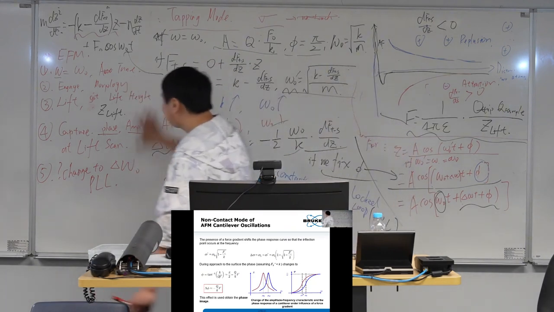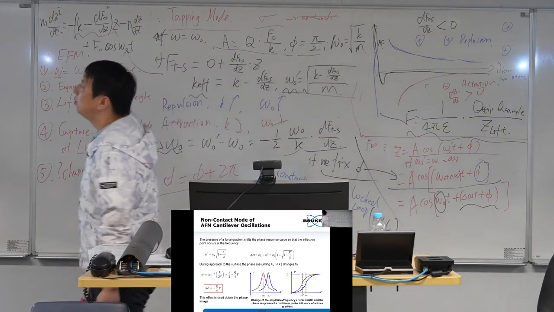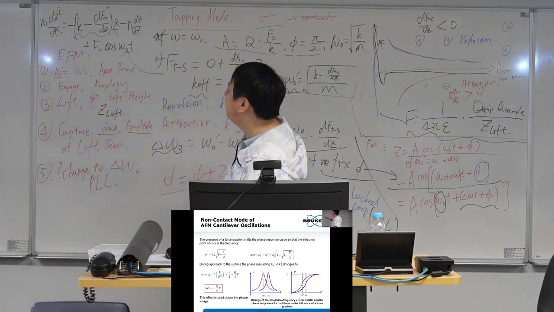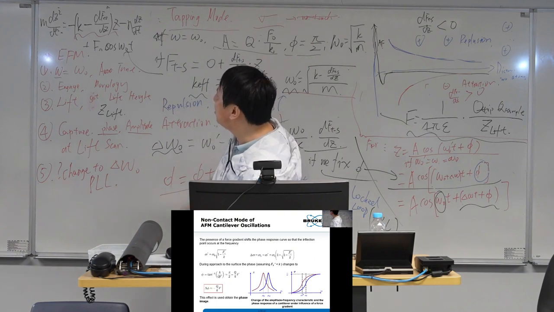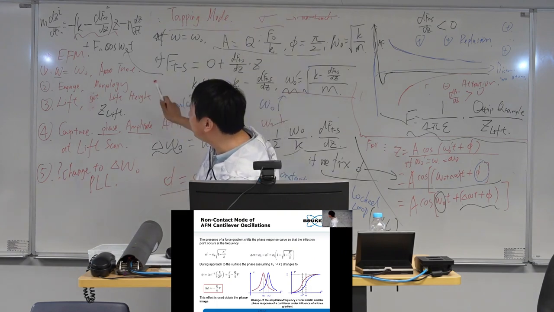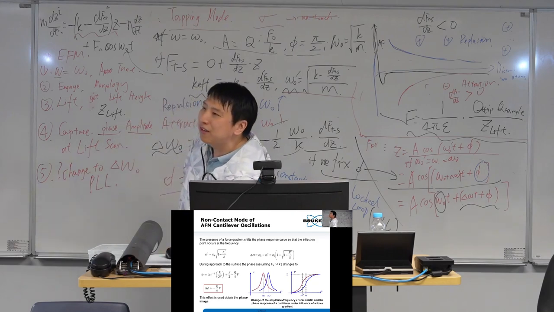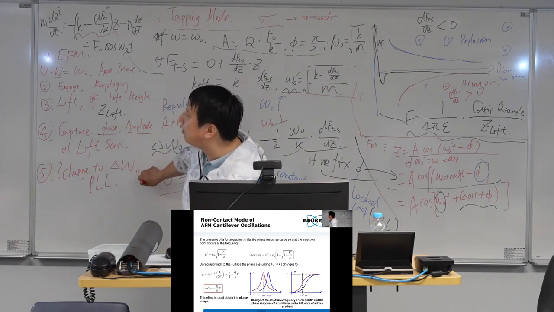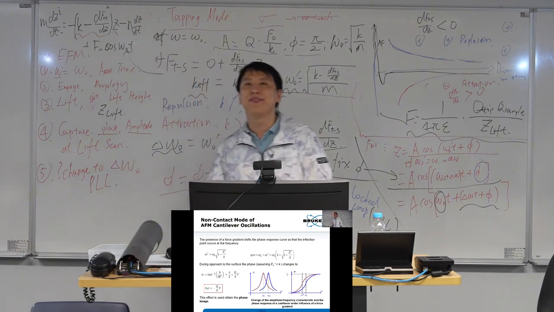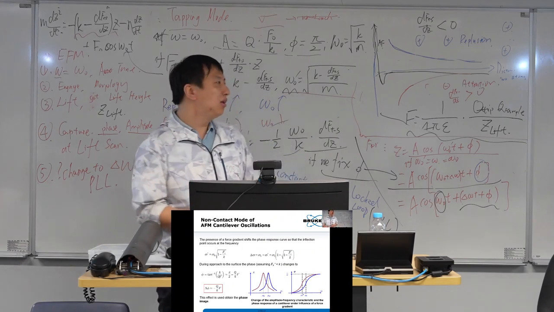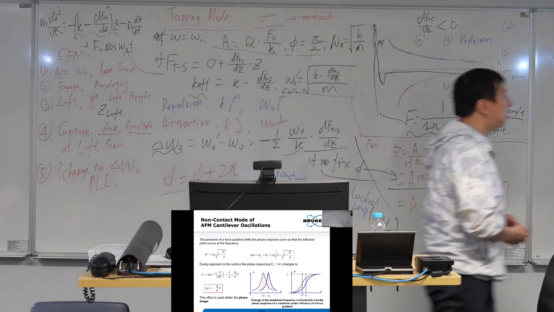So that's the whole idea of the EFM, how it works. Relatively easy. It's the same as the tapping mode. We just need to tune, get morphology, open loop, and then capture the phase. If you don't like phase, turn on the PLL, look at the frequency. So that's the whole idea of our EFM.